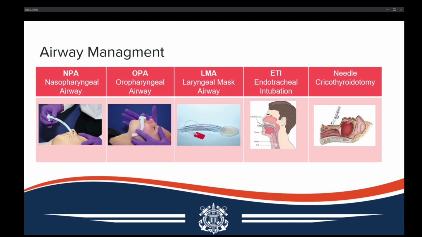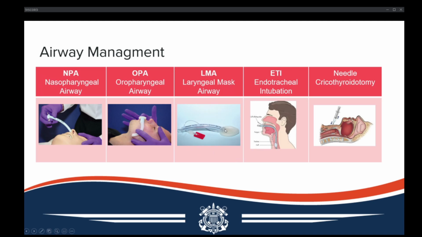So an OPA, an oropharyngeal airway, it's kind of obvious what the difference is between these two. Naso for nose and oro for oral or the mouth. It's a hard plastic tube, and it again opens up the airway to allow some kind of mask to assist breathing. An LMA, it's a laryngeal mask airway.